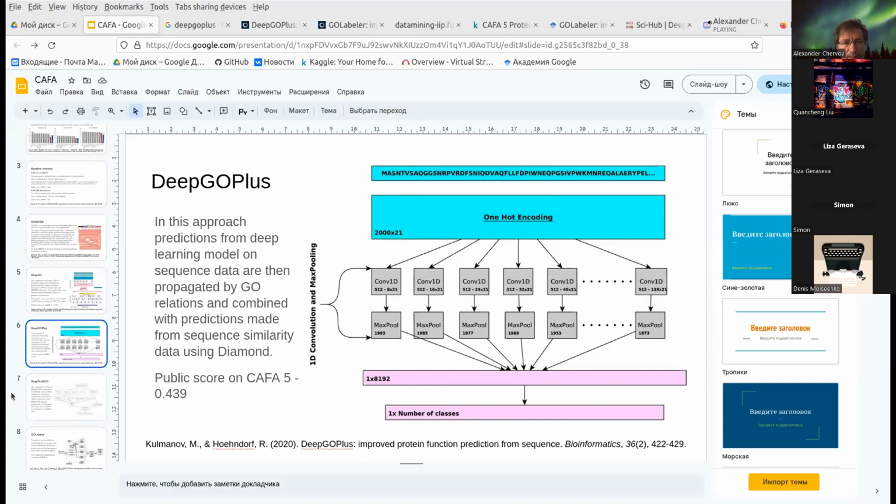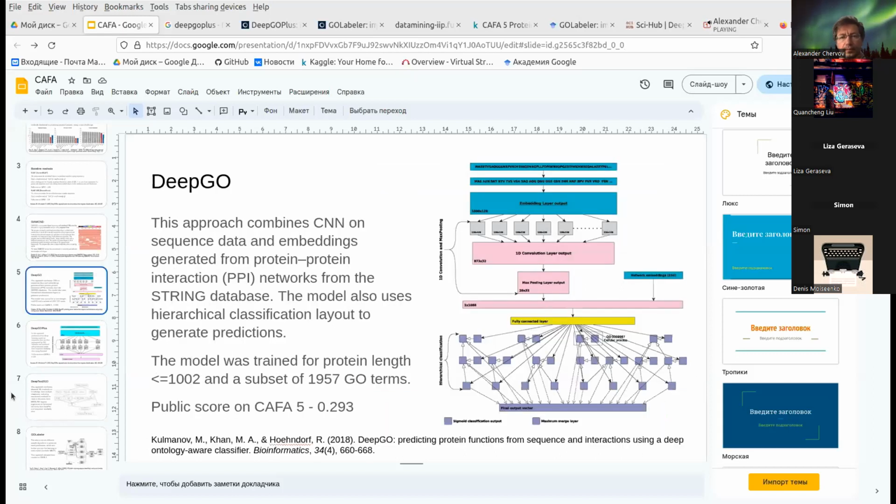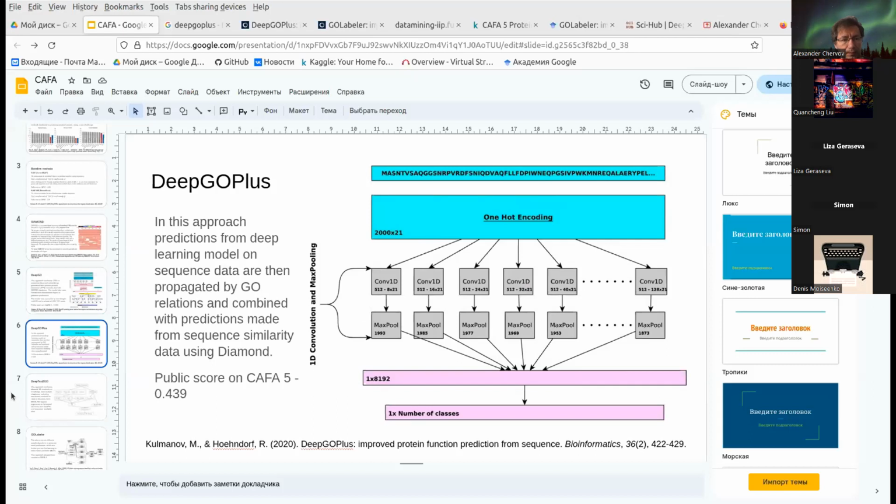I mean that there is a large number of classes in the challenge, about 40,000, and both methods, DeepGo and DeepGo Plus, cannot deal with such a large number of classes, so they work only for a subset.